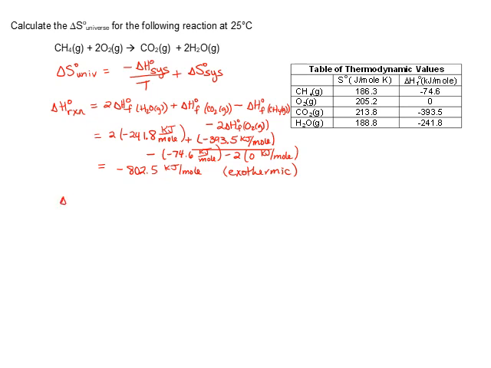For the delta S naught of the system, again, we'll use values in the table. It's going to be the sum of the standard entropies of the products minus the standard entropies of the reactants.